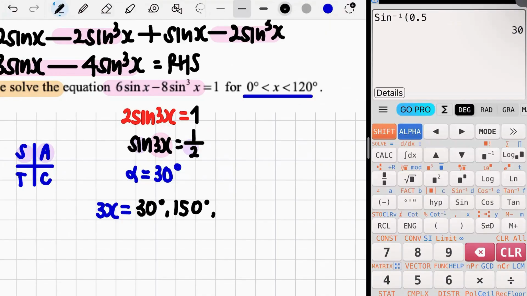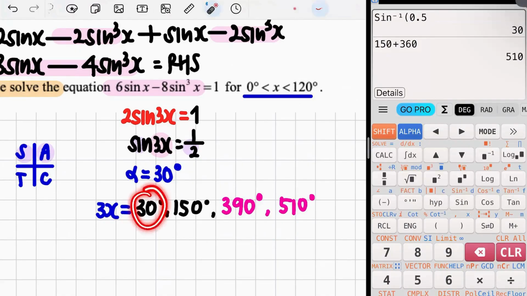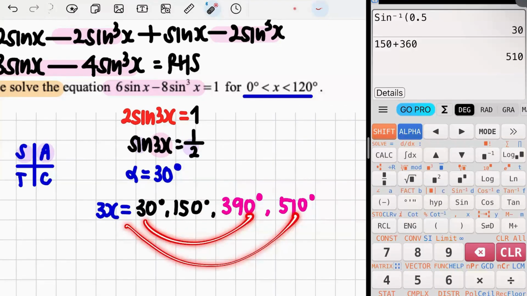Then add one more cycle, plus 360. So this is 390, plus 360 again. What's 150 plus 360? This is 510. So this is adding cycles. First quadrant, second quadrant is 180 minus basic, then you check for the cycles.